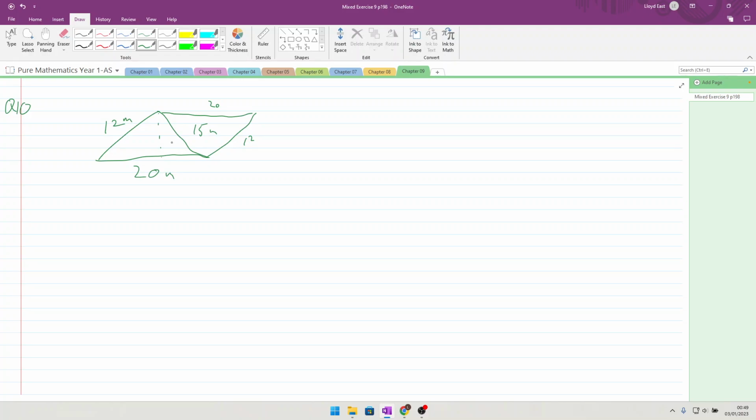Again, it's not helping me with that vertical height, is it? I can keep adding in and adding in, but it's not helping me greatly.